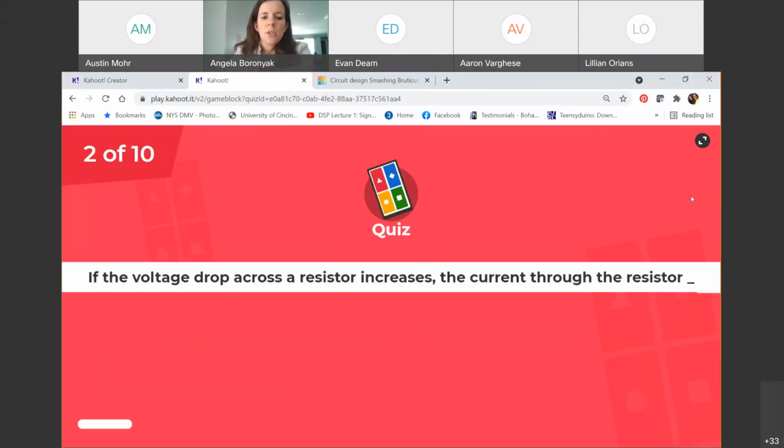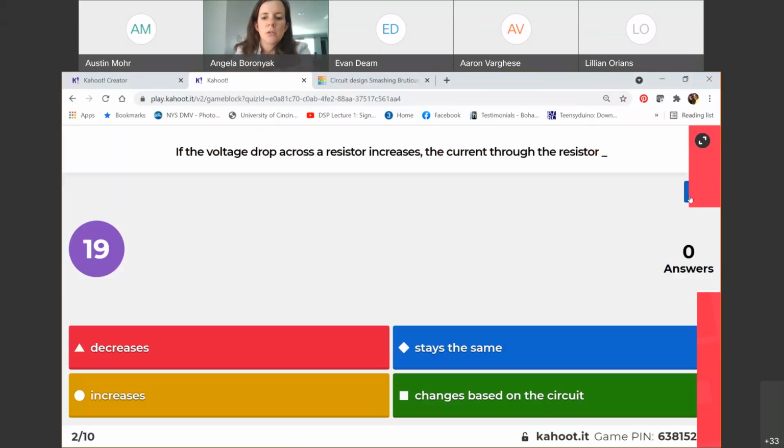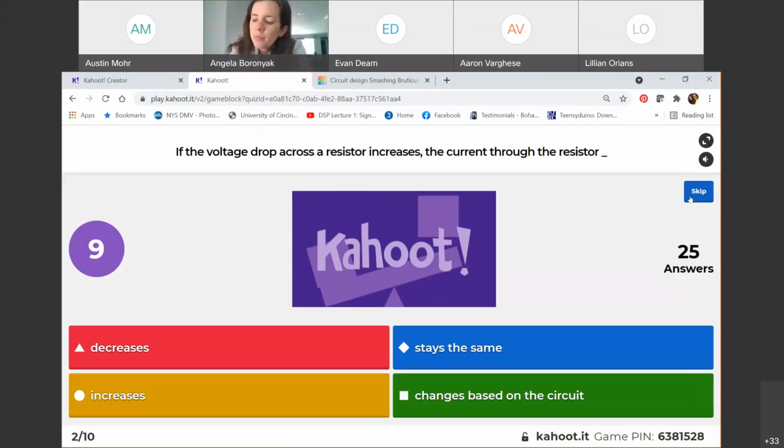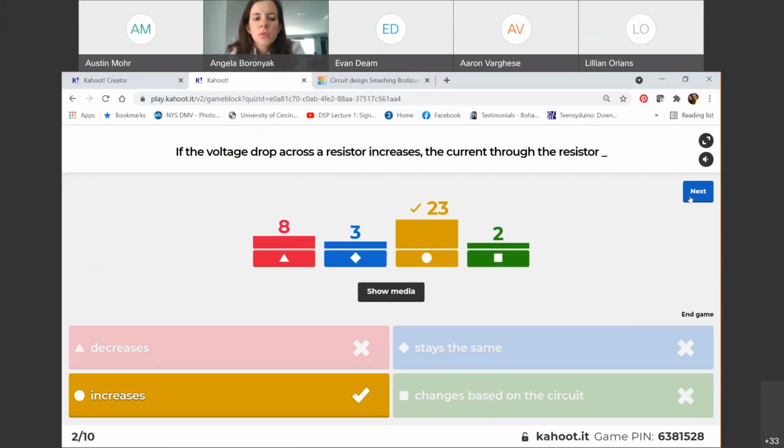Question 2. If the voltage drop across the resistor increases, what happens to the current through the resistor? Good, it increases as well, with Ohm's law.